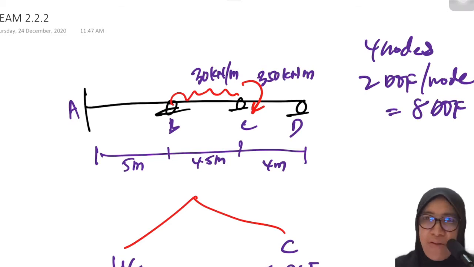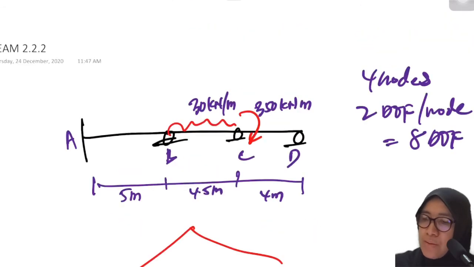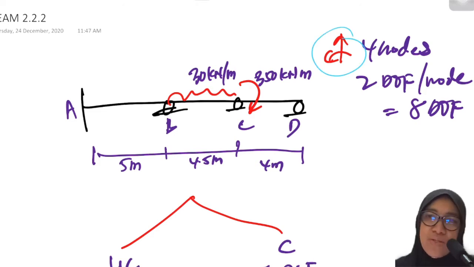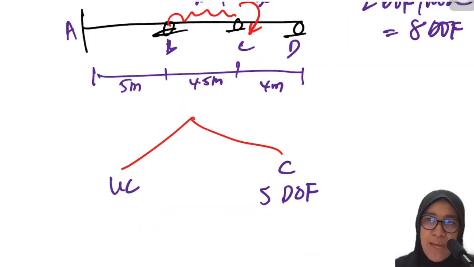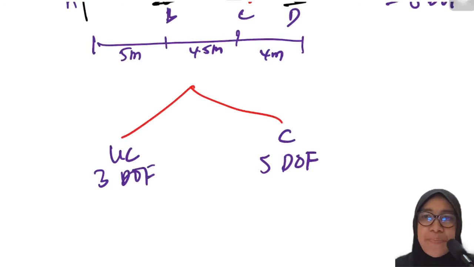Remember, we don't count the X direction at A, so we only count A as 2 degrees of freedom, because we focus on the sign convention in the Y and Z directions. So 5 degrees of freedom have been put under the constrained system, and the remaining 3 must be put in the unconstrained system.